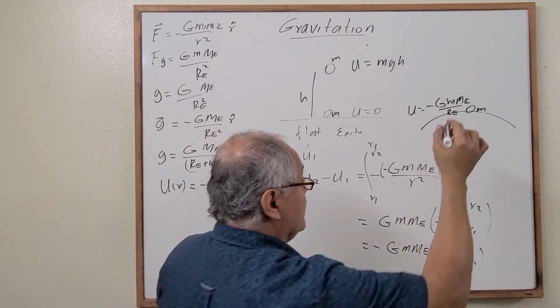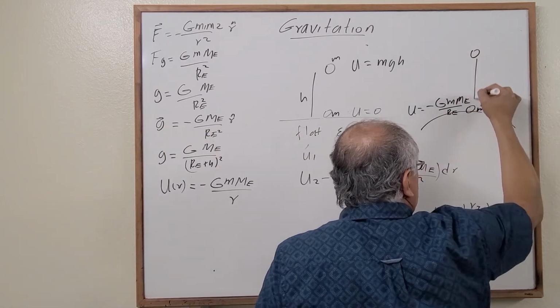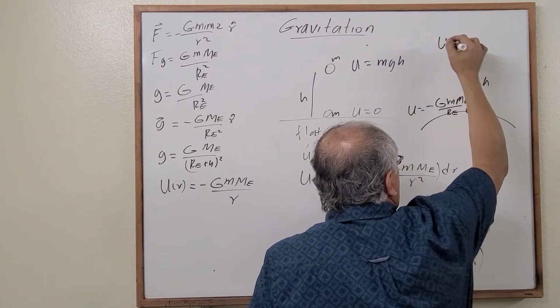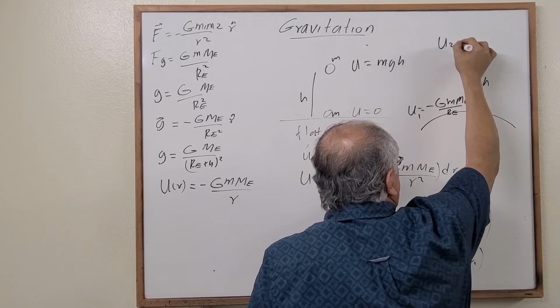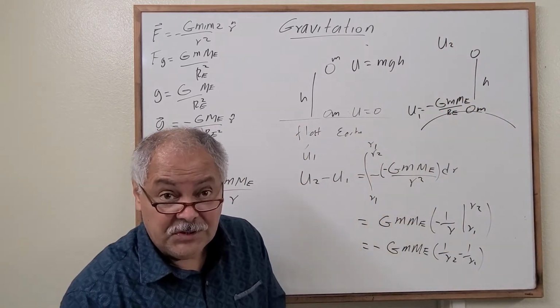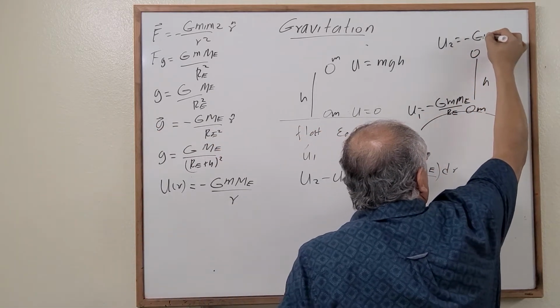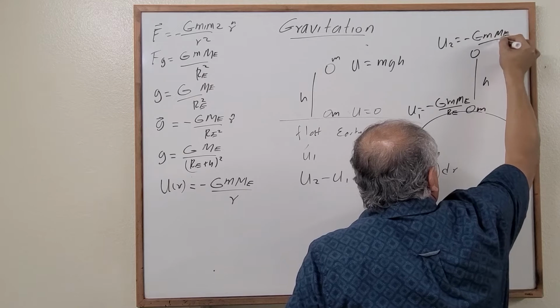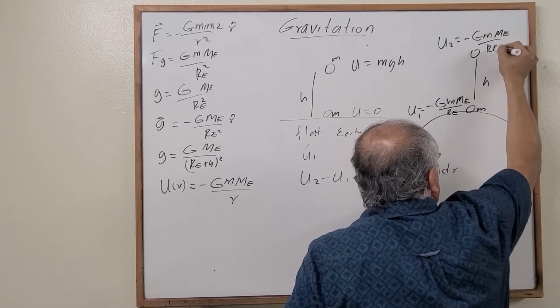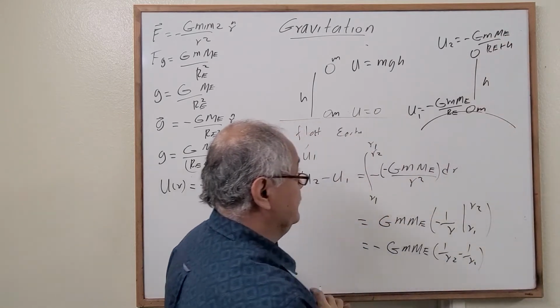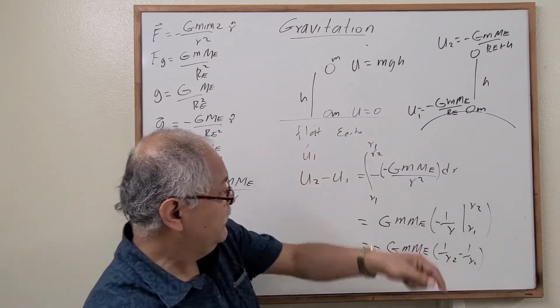Correct? Right here, at this position, distance h, what should be the gravitational potential energy? It is equal again to negative G M, mass of the Earth, divided by radius of the Earth plus h. See the difference?